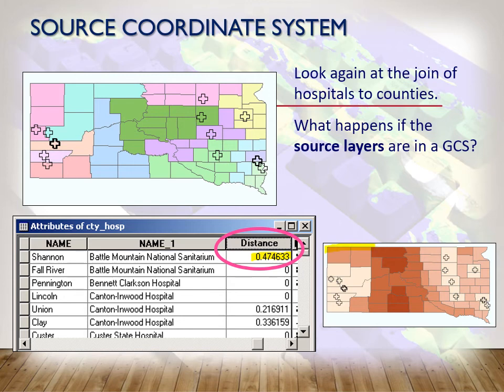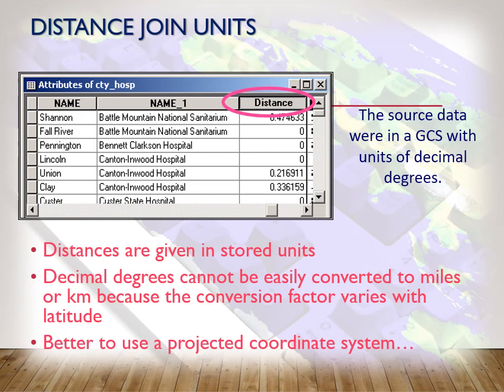Also, in geographic coordinate systems, a lot of different states are greatly distorted, especially South Dakota here. So it is a much better idea to use a projected coordinate system, because decimal degrees cannot be converted to kilometers or miles very easily.